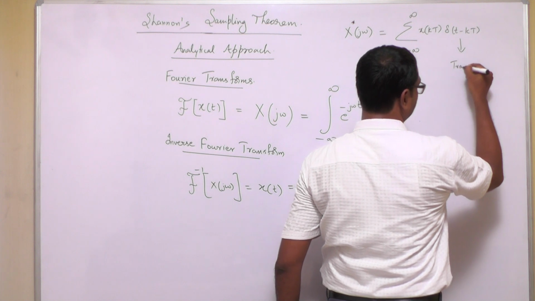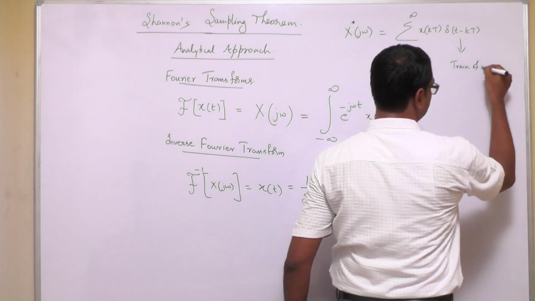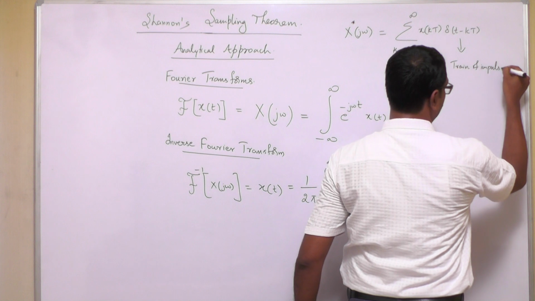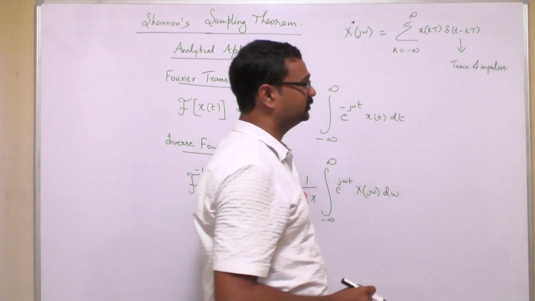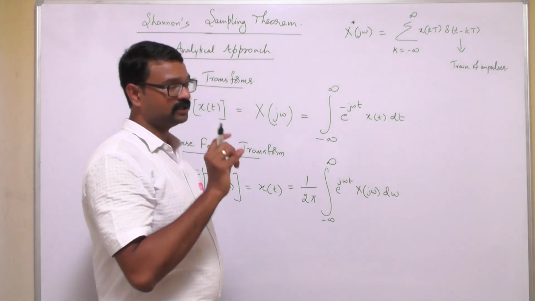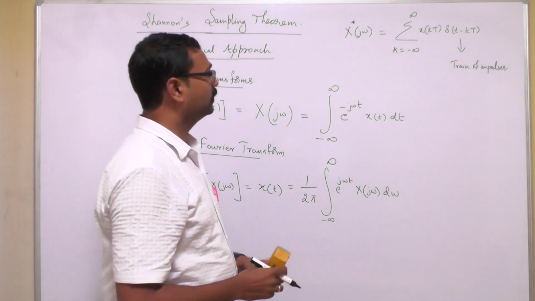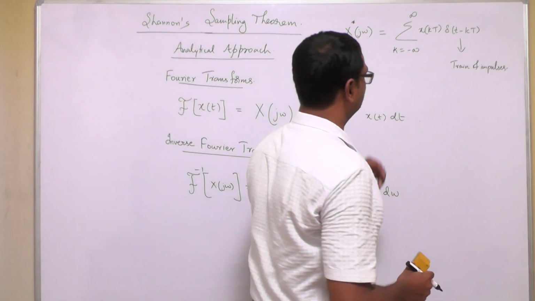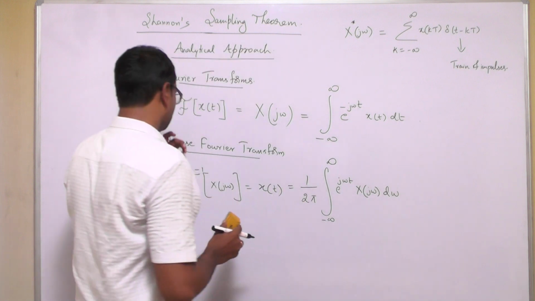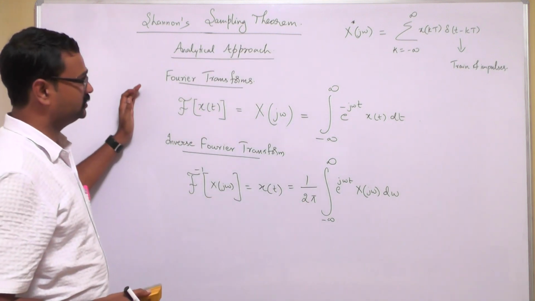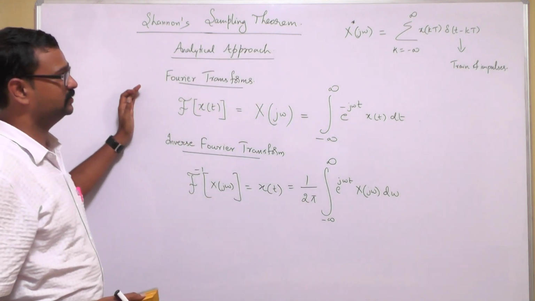train of impulses, where x of kT gives the magnitude at that particular instant. So this can be used here without any hassle. So x star of j omega is the sum over k from minus infinity.